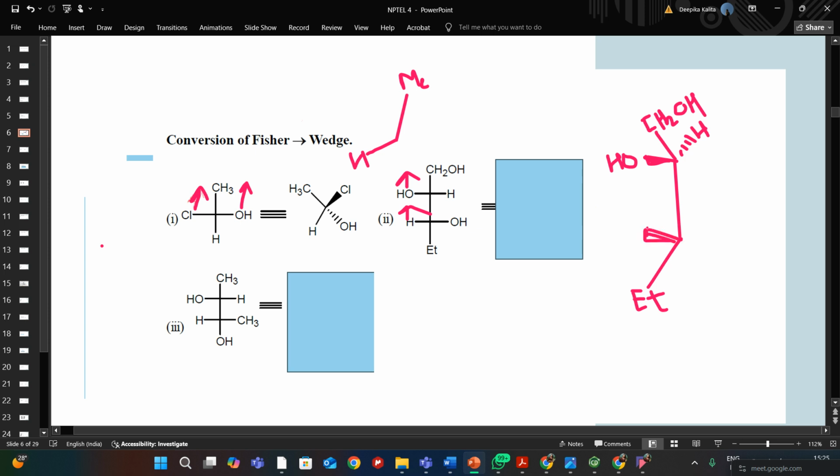Similarly, if we do it for the second chiral center, we will get a wedge diagram of this type.